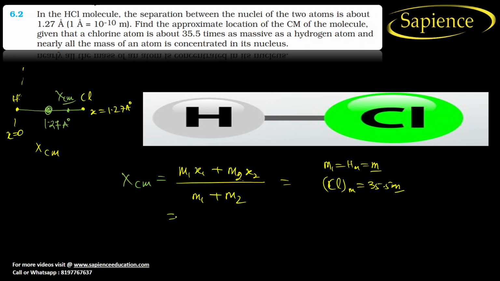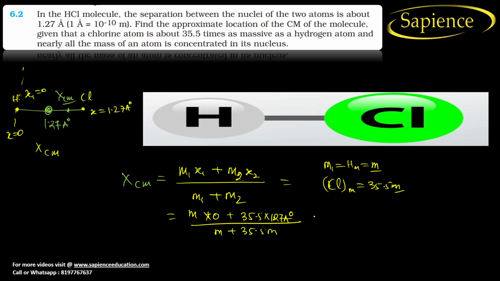Now we just need to put in the values. So m1 is m, into x1, which is 0, plus m2, which is 35.5 m, into x2, which is 1.27 angstrom, divided by m1, which is m, plus 35.5 m.